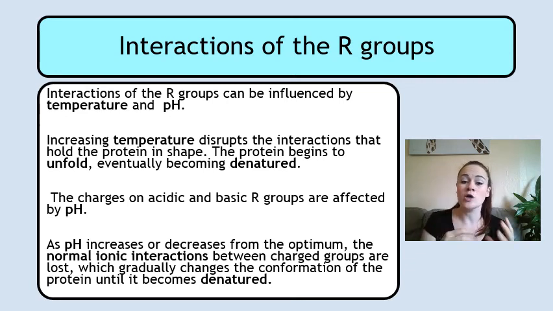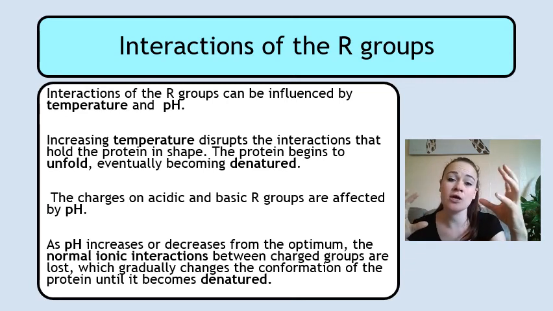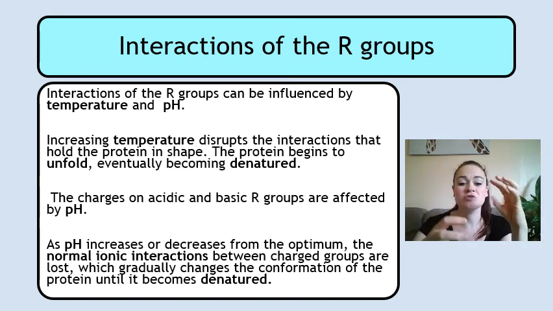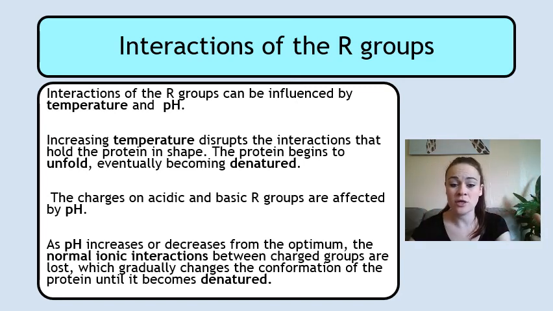Any of these ionic interactions, between our positive and our negative R groups, are going to be lost, and this will result in a conformational change. The interactions will be no more, so the R groups will not be brought together, and of course our protein becomes denatured.